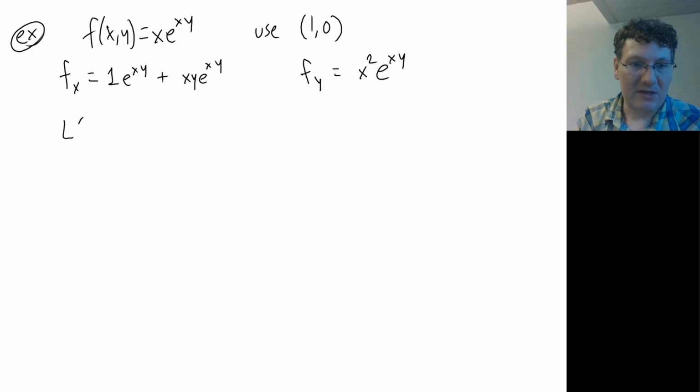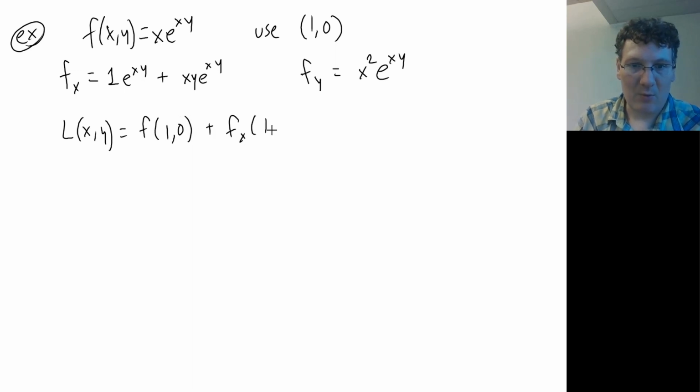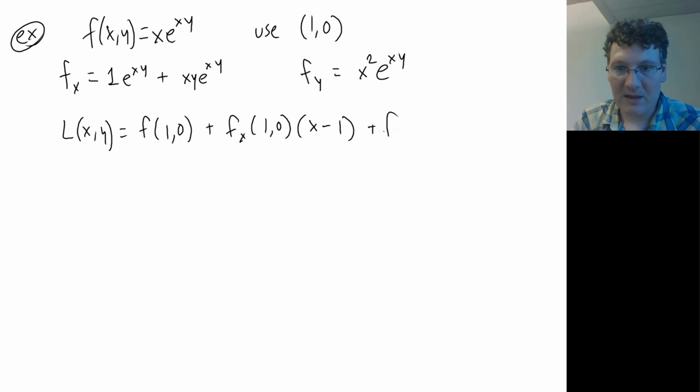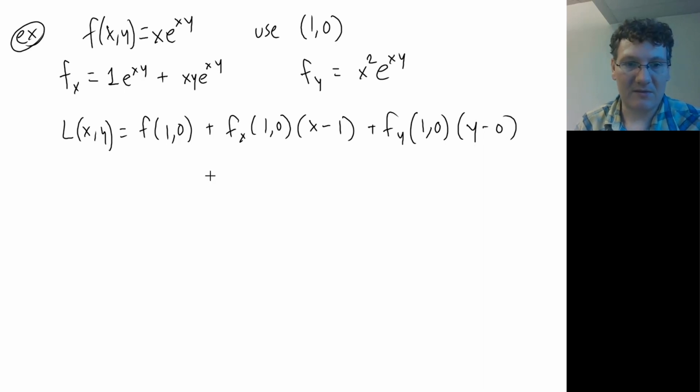The linearization of this function is going to be f(1, 0) plus f_x at (1, 0) times (x minus 1) plus f_y at (1, 0) times (y minus 0). That's the equation for linearization.